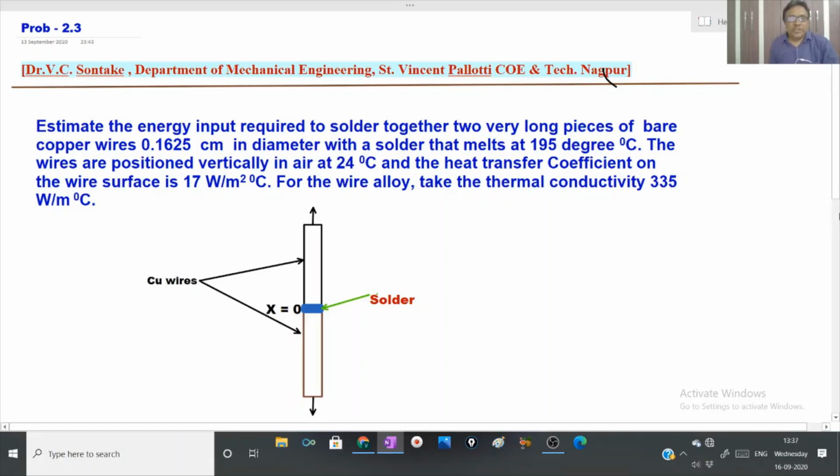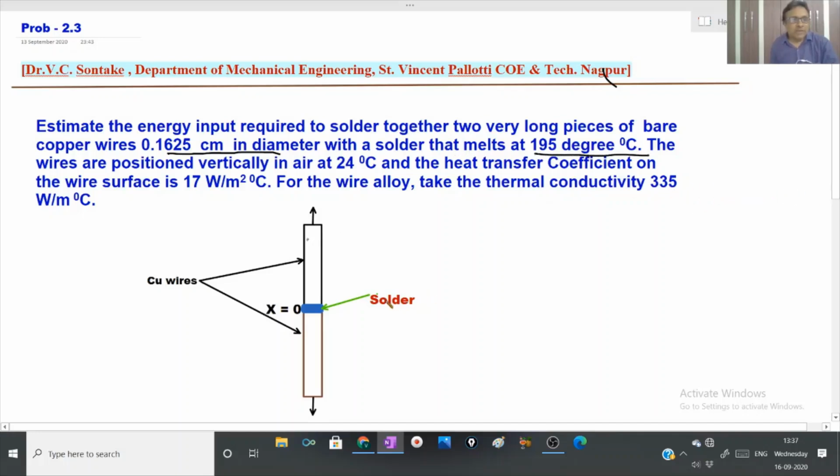Problem 2.3. Estimate the energy input required to solder together two very long pieces of bare copper wires 0.1625 centimeter in diameter with a copper solder that melts at 195 degrees Celsius.